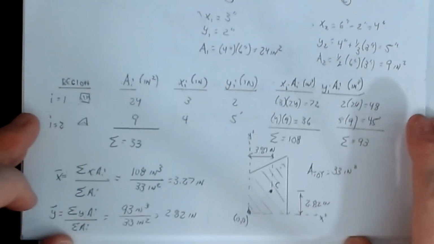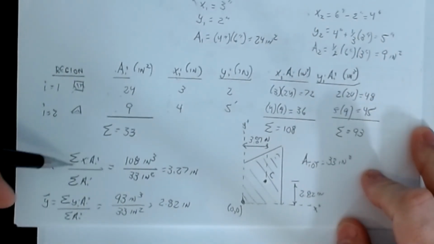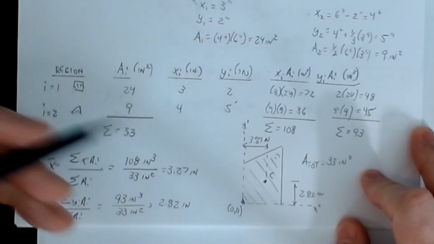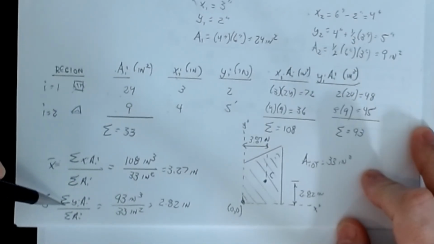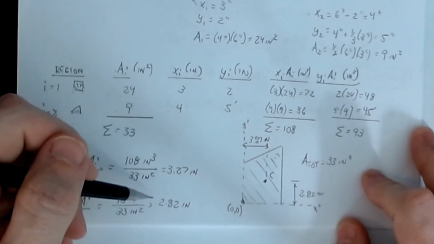And so then to find the centroid of this area, I just plug into my formula. x bar is the sum of xi Ai over sum of Ai. So for the x direction, I take the 108, divide by 33. That number is 3.27 inches. And then my y bar, I do the yi Ai summation all over sum of Ai. 93 over 33 is going to be 2.82.